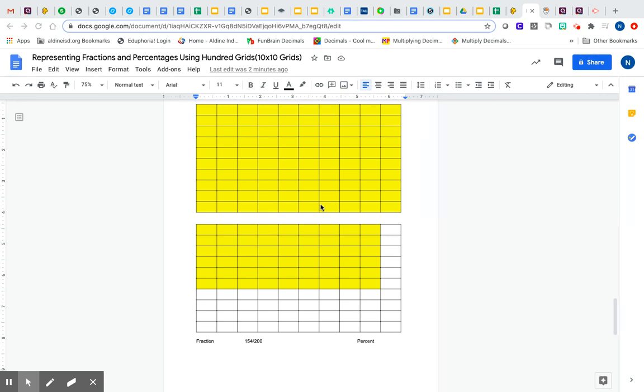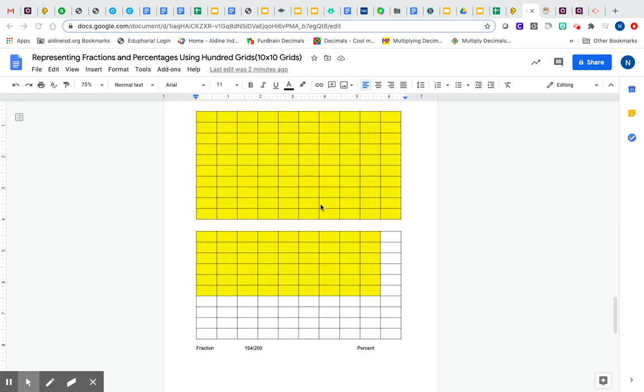They go together. So I see in my first part of my illustration, I have 100 squares shaded in. All right, but I'm not done yet.